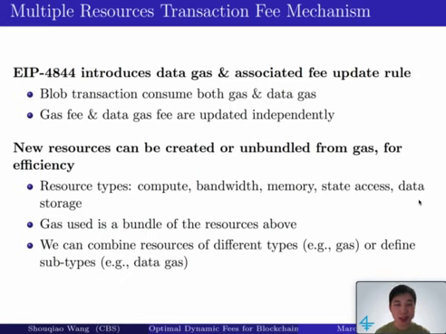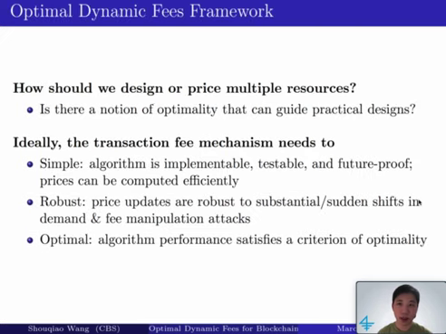So the main reason that we want multiple resources for designing a fee market is to allocate the network congestion more efficiently. So in this paper, we want to answer the question of how we can design the multi-dimensional transaction fee mechanism. Then how should we design? So ideally, the fee mechanism needs to be simple, robust, and optimal.